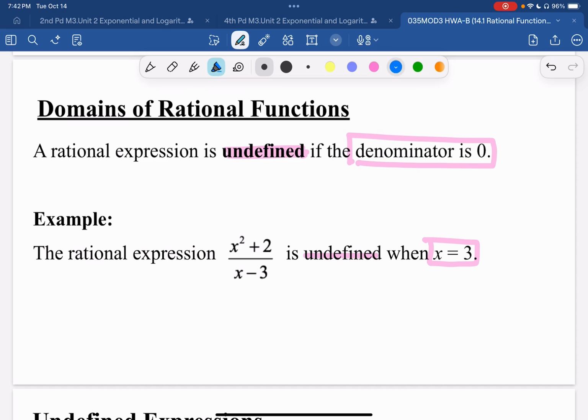In our denominator we have x minus 3, and x minus 3 can never equal 0. The time that will happen is if x equals 3. If I plugged in 3, that gives me 0, and I can't have that. So my denominator, I cannot plug in a 3.